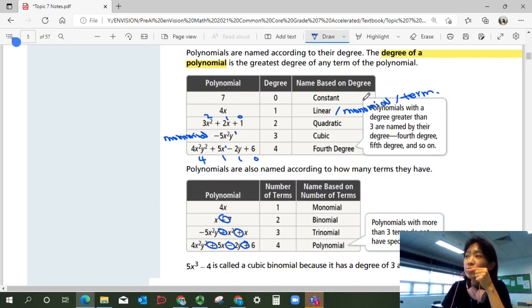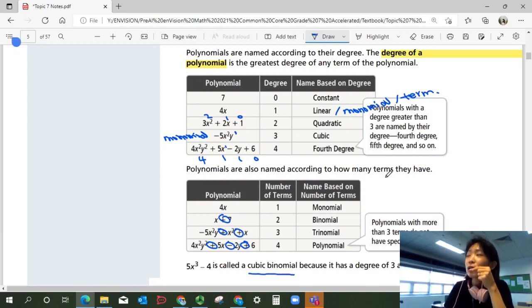Based on degree, it has the power of 3, and degree of polynomial is 3, so it should be cubic polynomial. And also, how many terms does it have? 1 and 2. So it's a binomial. So together, it's a cubic binomial.